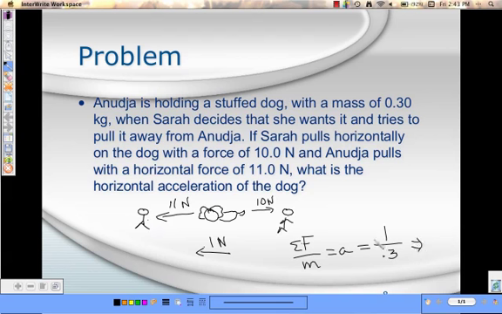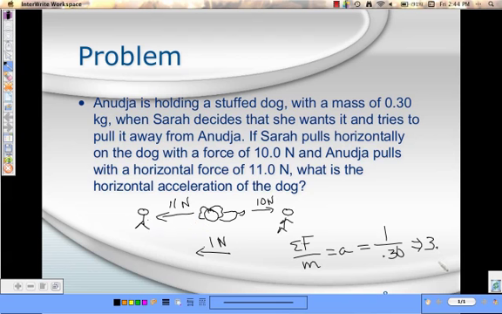What do we get for our acceleration? So 3 point, okay, how many significant figures should we use? No, but it's subtraction, so that would be just 1.